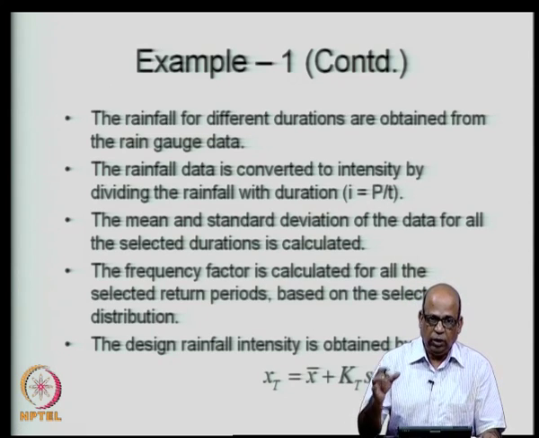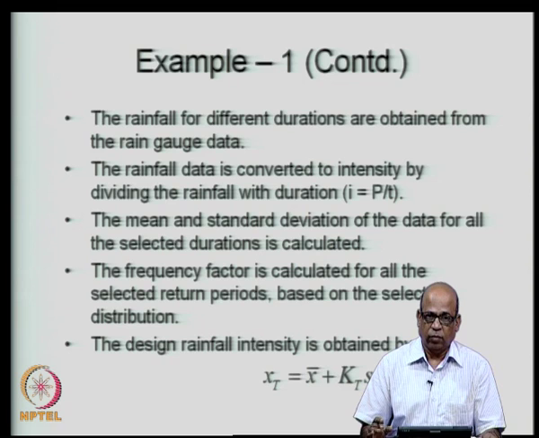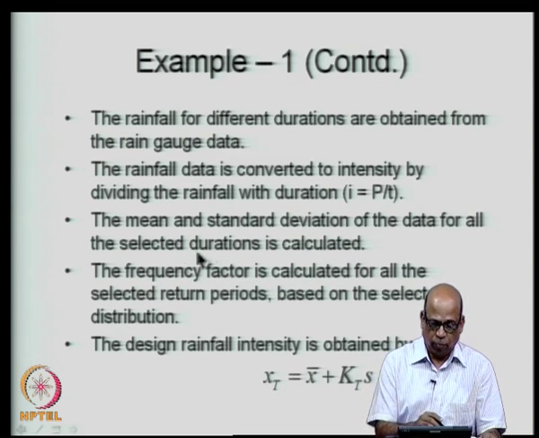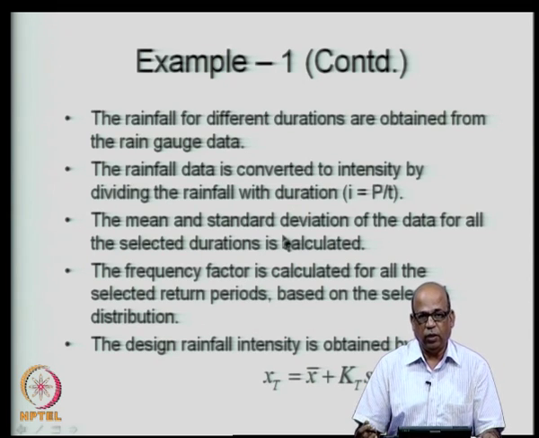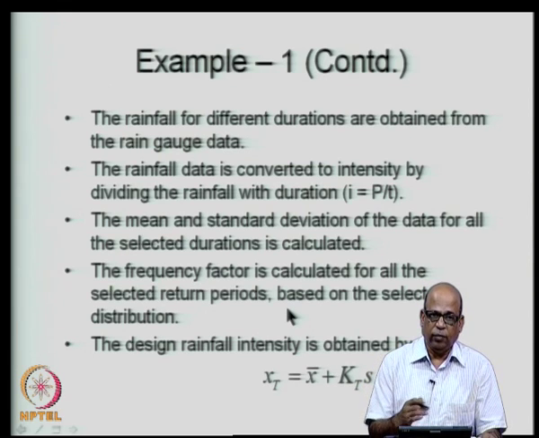Now, corresponding to each of the durations 1 hour, 2 hour etc., we compute the statistics, typically the mean and standard deviation, which are necessary for your frequency analysis. Then based on a selected distribution, as I said, typically we start with extreme value type 1 distribution, we get the frequency factors corresponding to different return periods.